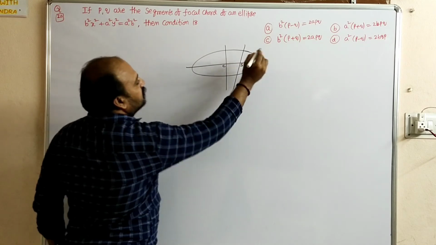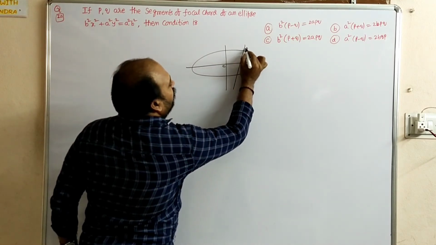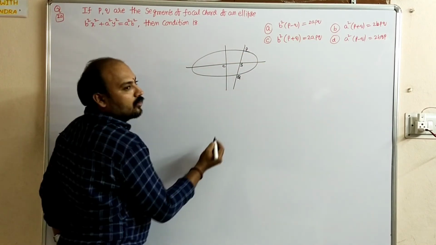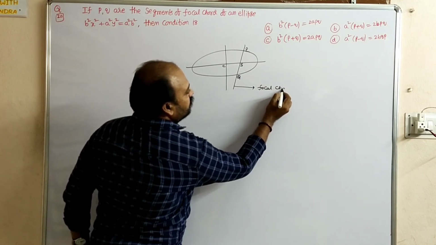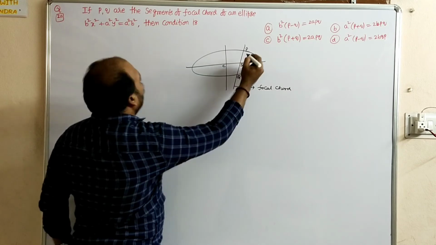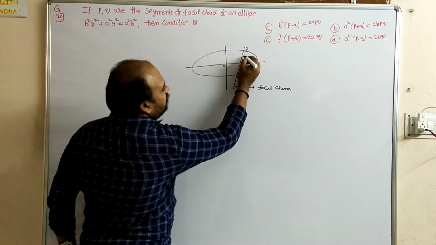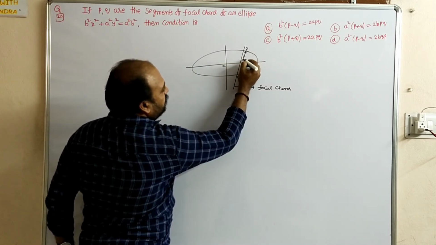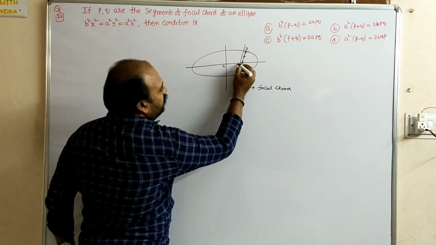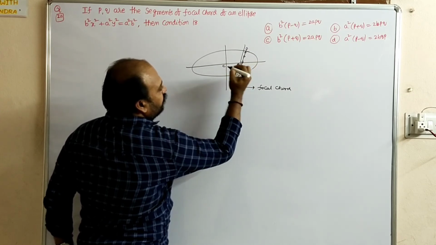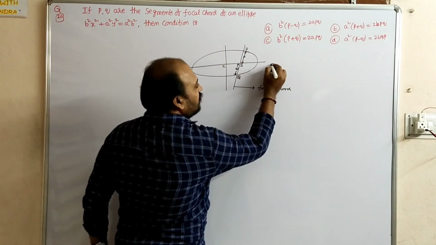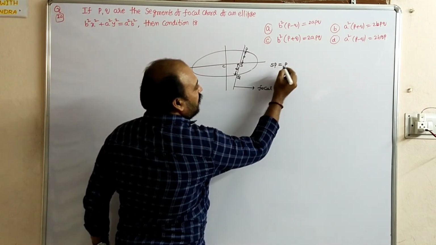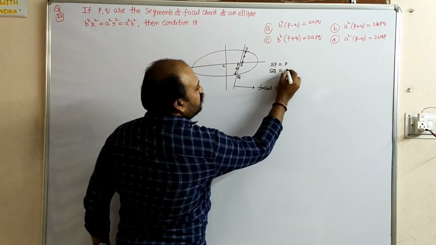Here P, Q, we are assuming, are the ends of the focal chord. This is the focal chord. From S to P distance, they are assuming small p. From here to here, it is small q. The segments of the focal chord mean SP is equal to small p and SQ is equal to small q.